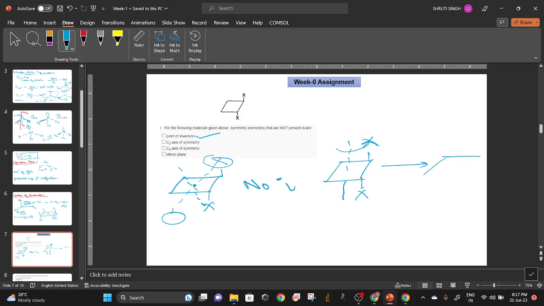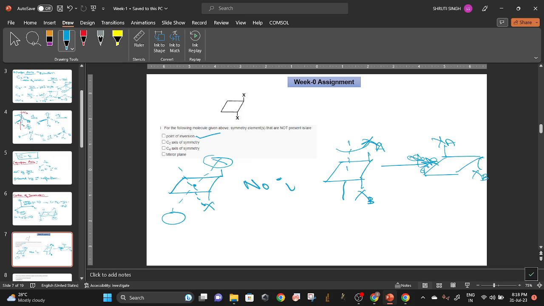So suppose I name them XA, XB, after 180-degree, this will come here and this will go there. Sorry, 180-degree, XA will not be here, it will go here, XB, and this is not an equivalent configuration.